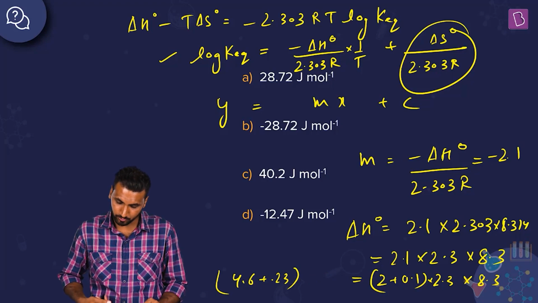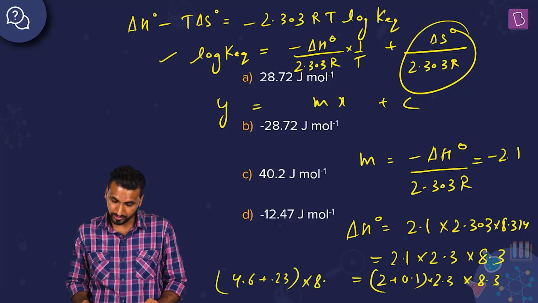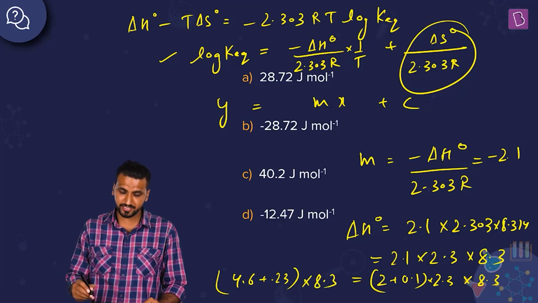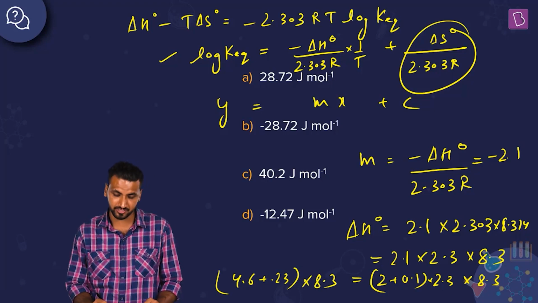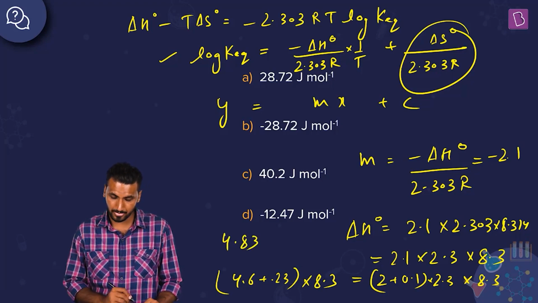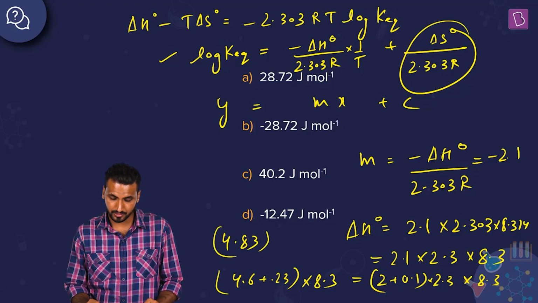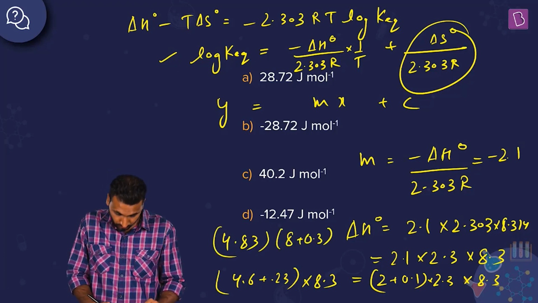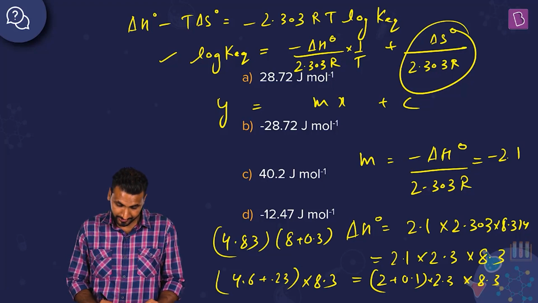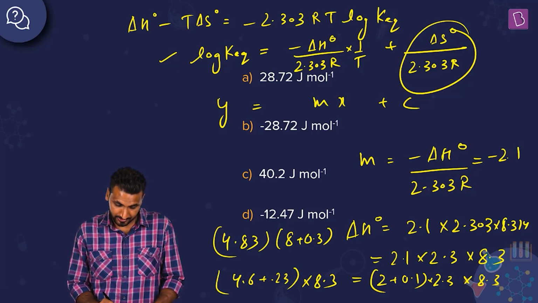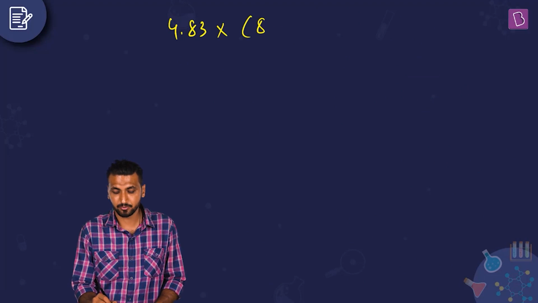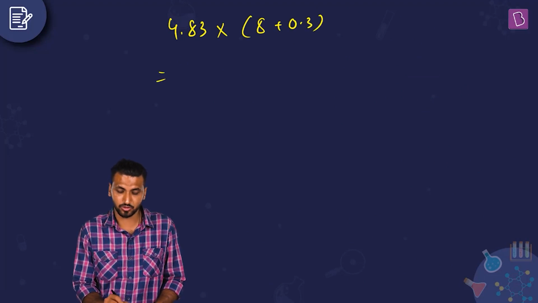Let me write it as 8.3, otherwise you might get confused. So 4.83 into 8 plus 0.3, right? This is what I need to solve.